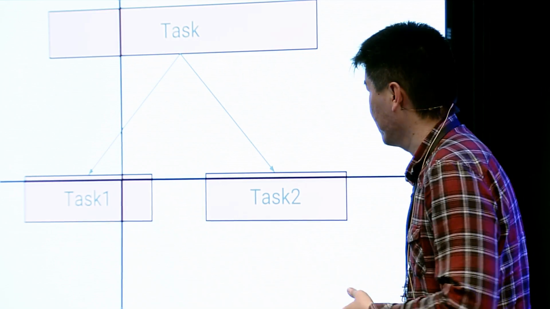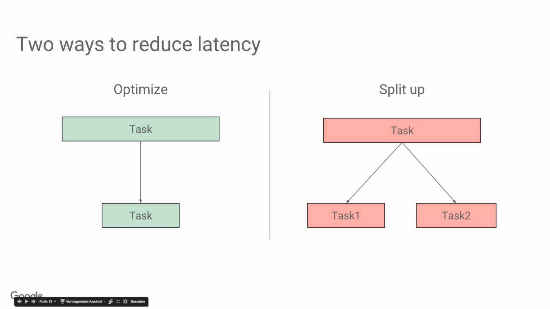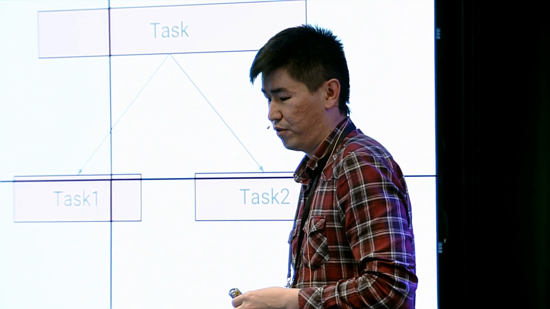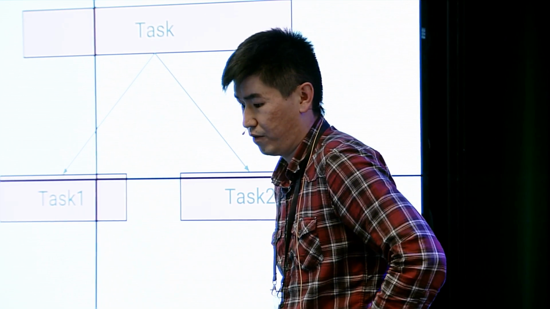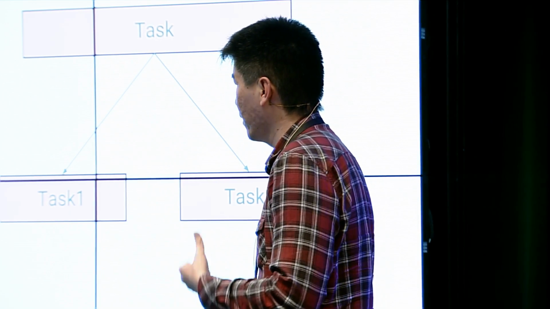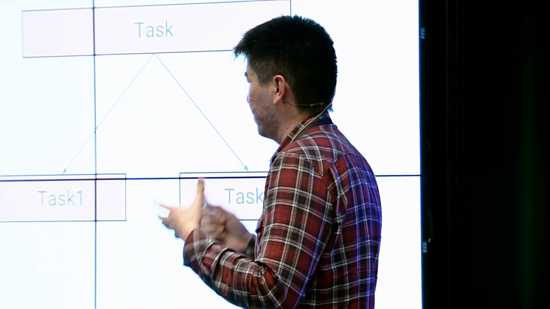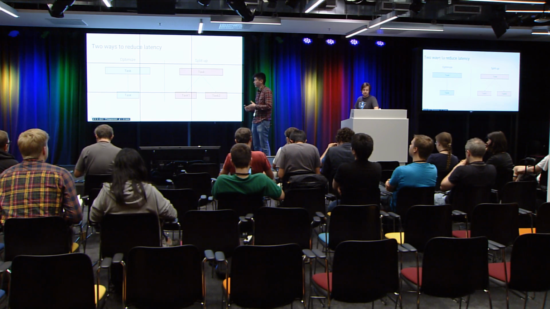What is the problem with the pause time? Let's start with an example. Let's say we have a long-running task that we want to optimize and reduce latency for. One way to reduce latency is the hard way: look at the task, look at what the bottleneck in the task is, and then optimize it, like parallelize or make more efficient algorithms.